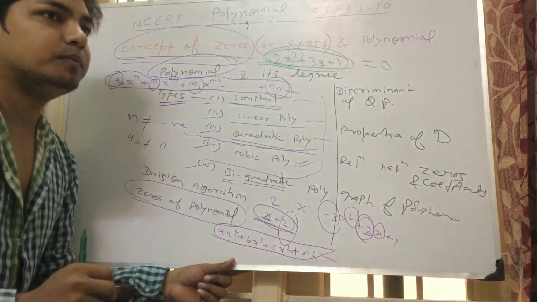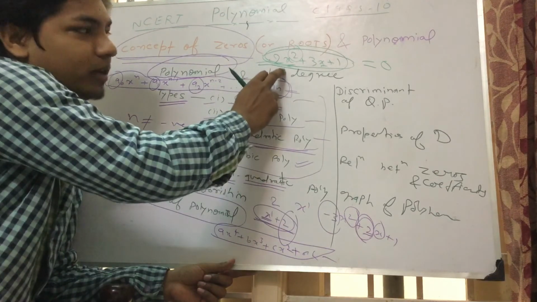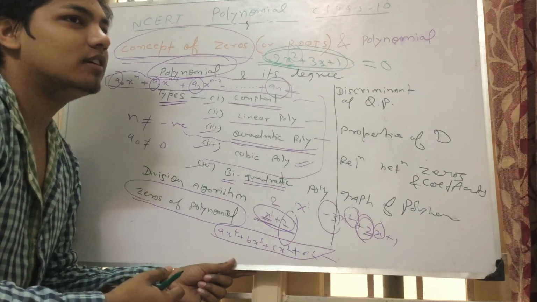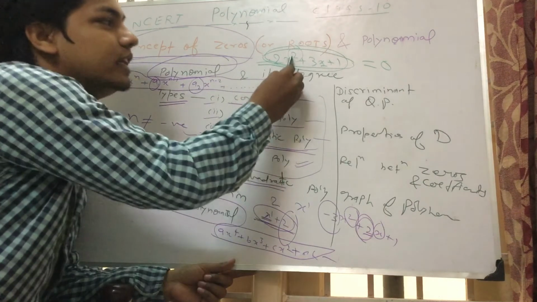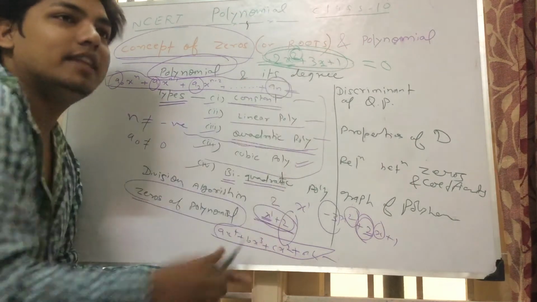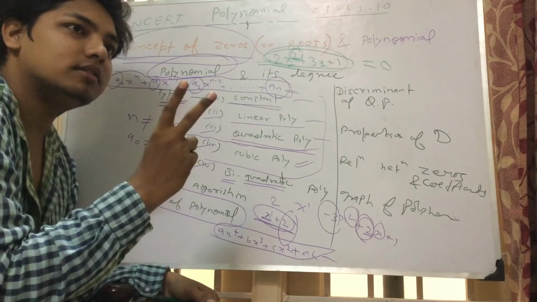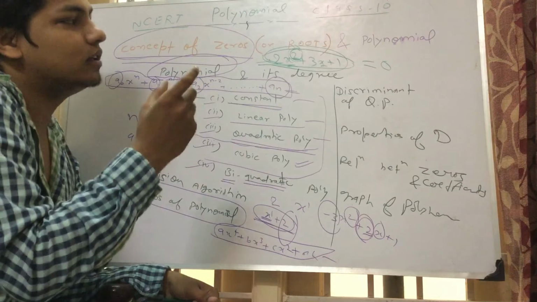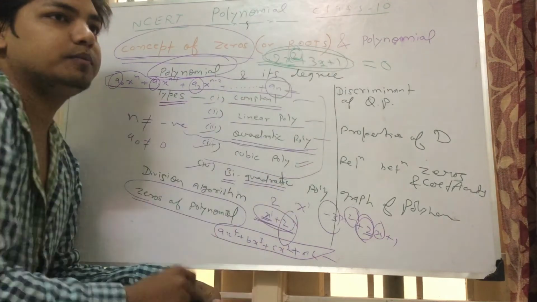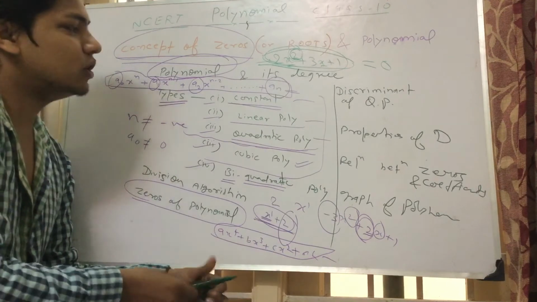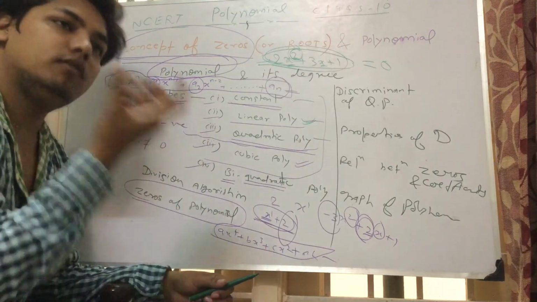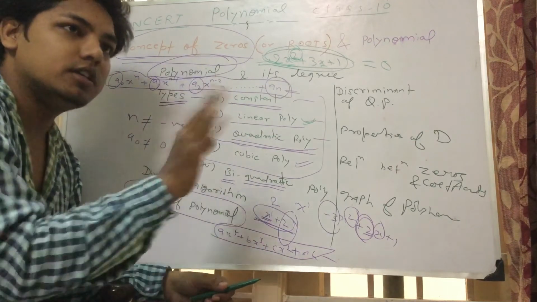Now, how many zeros can this polynomial have? It depends on the degree of the polynomial. If the degree is 2, then I will have 2 numbers, and separately we put them in one by one and this equation will be 0. In the case of a linear polynomial, because the power is 1, I need only one number to make the equation 0.